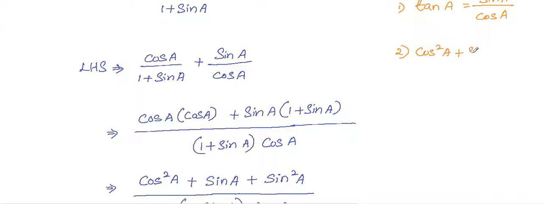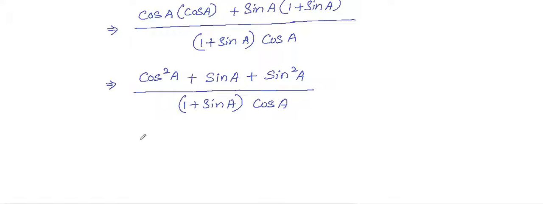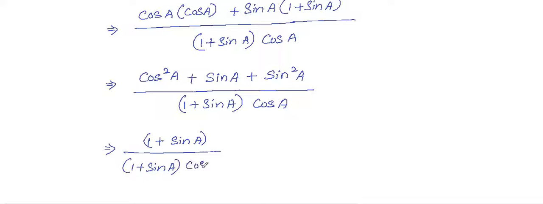So cos square A plus sin square A becomes 1. So the numerator becomes 1 plus sin A, whole divided by 1 plus sin A into cos A.